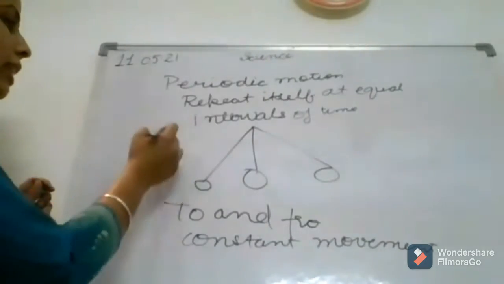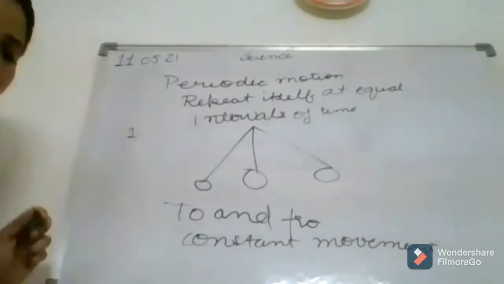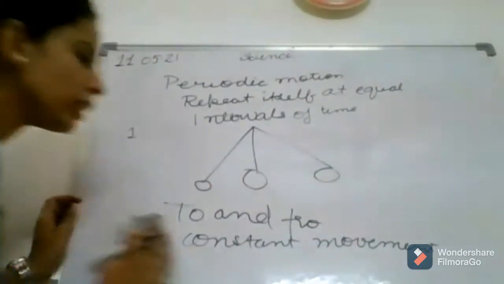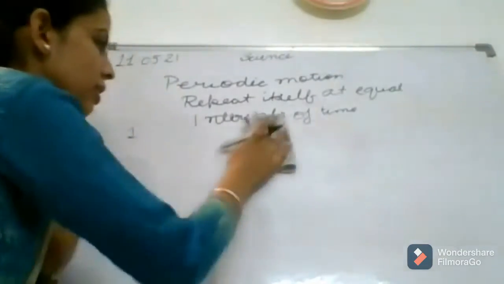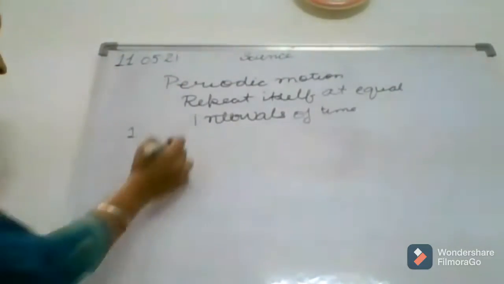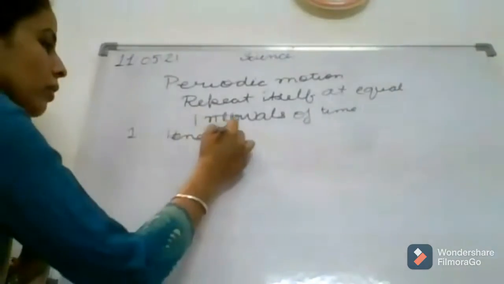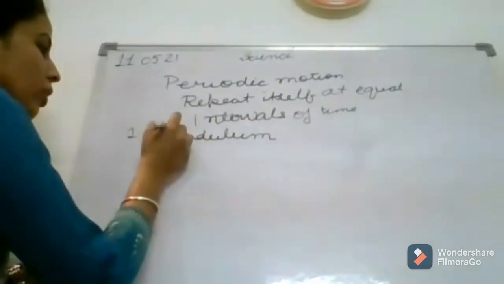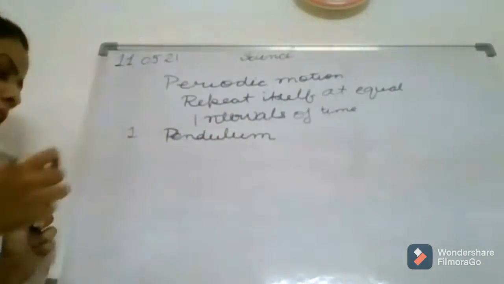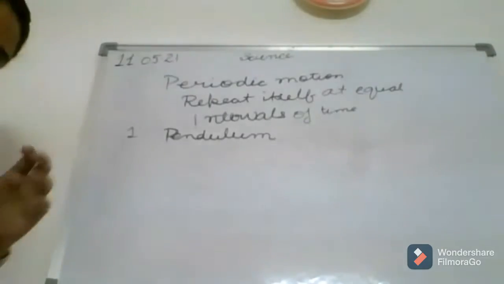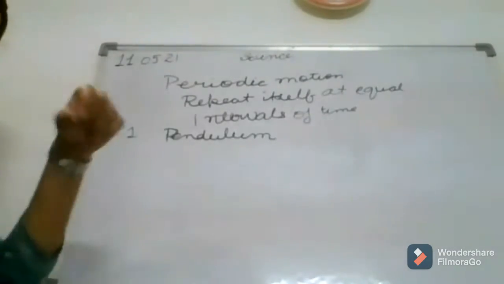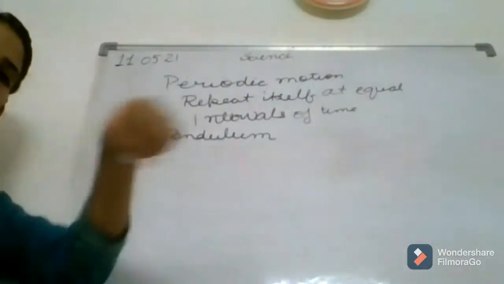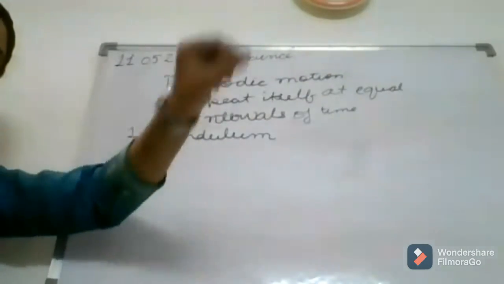Okay, first example is of pendulum. I am writing here, I am rubbing this. So the first example is of pendulum. Okay, you can also make a pendulum at your home. Just take a string and a stone. It will show you a periodic motion.